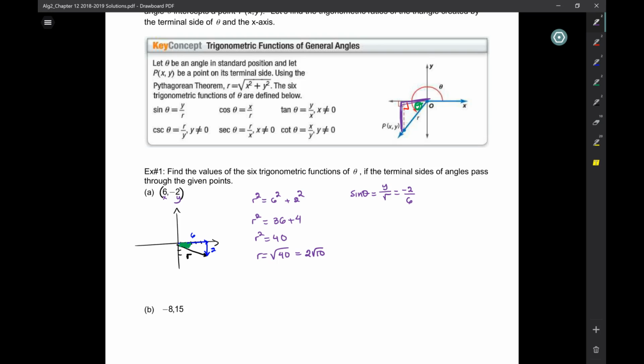Oh, I'm sorry. It's 2 root 10. So that's negative 2 over 2 root 10, which is negative 1 over root 10, or negative root 10 over 10. Cosine of theta is X over R: 6 over 2 root 10, which is 3 over root 10, or 3 root 10 over 10.